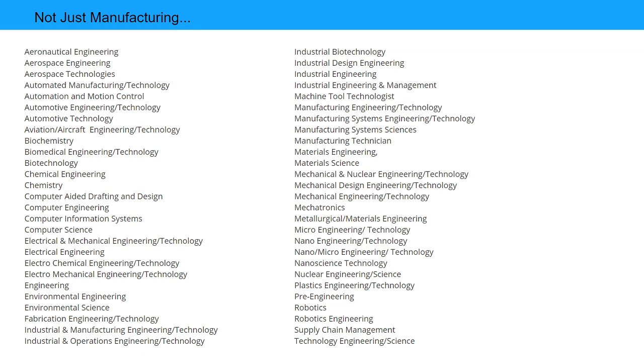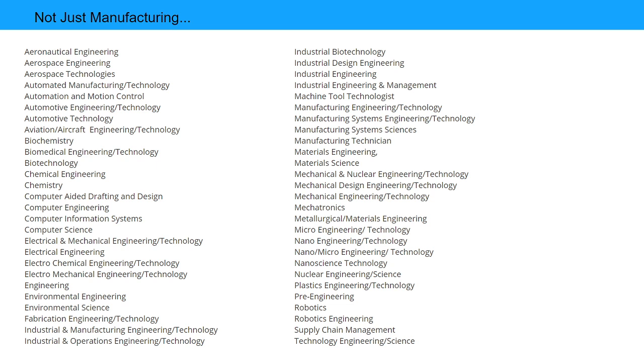Now, a lot of you may be thinking, hey, I don't like manufacturing engineering. That's boring. There's nothing to it. Well, manufacturing engineering encompasses a vast majority of all engineering disciplines.